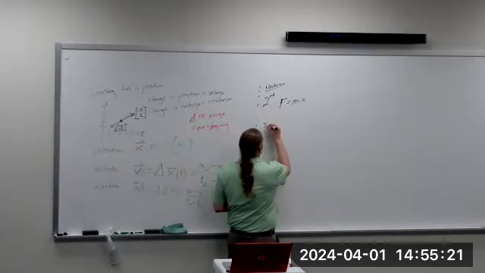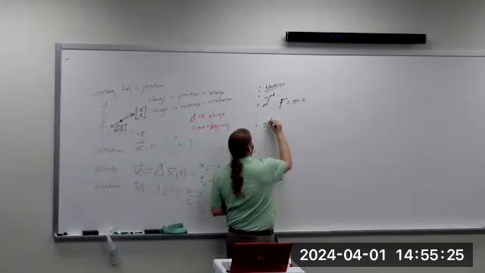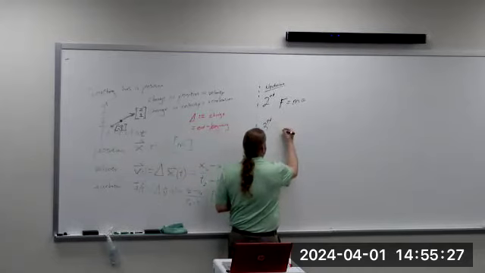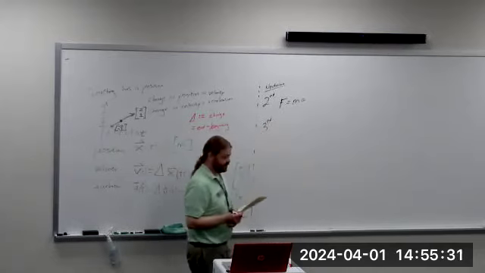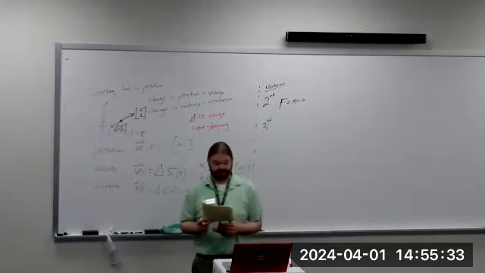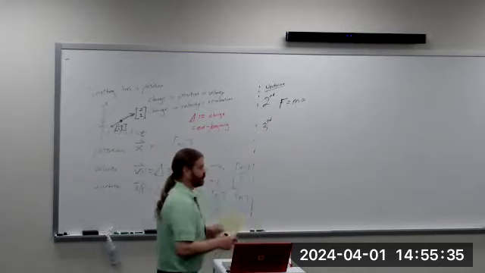The third one is also very important for us. That's supposed to be an R. The third law: for every action, or we want to say for every force, there's an equal and opposite force.